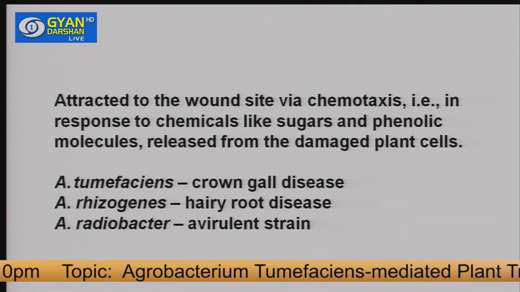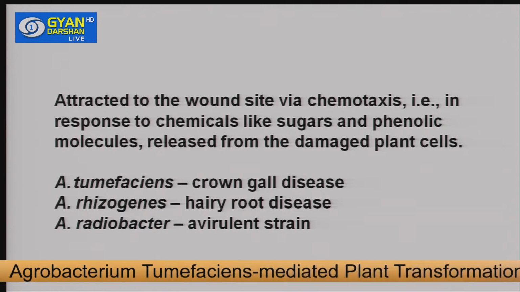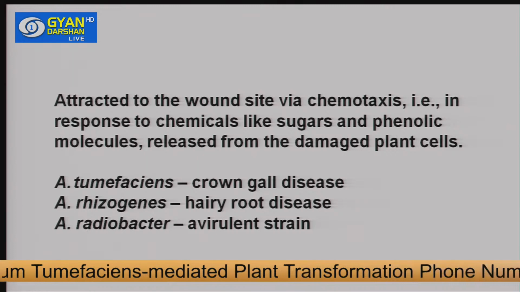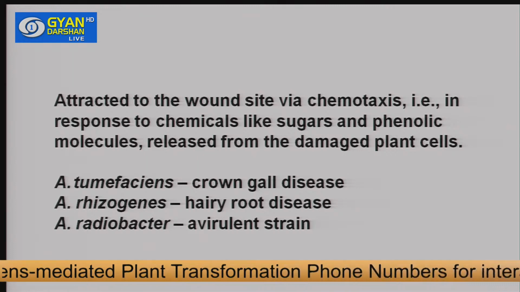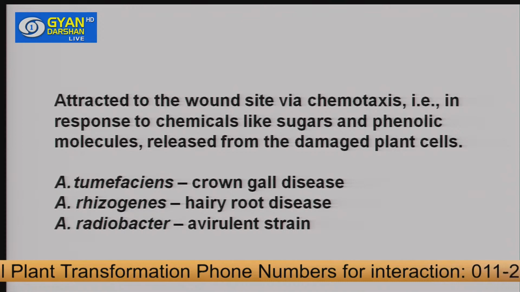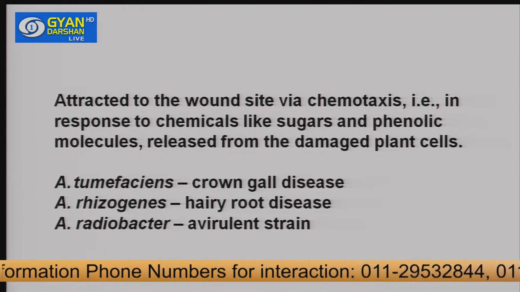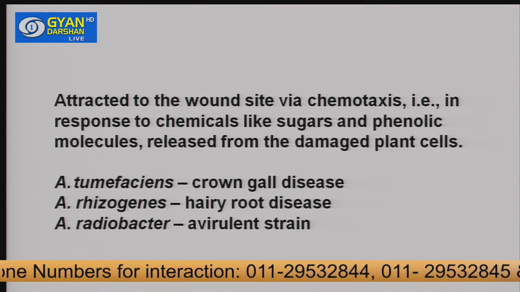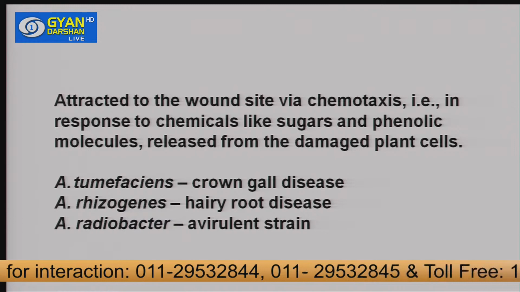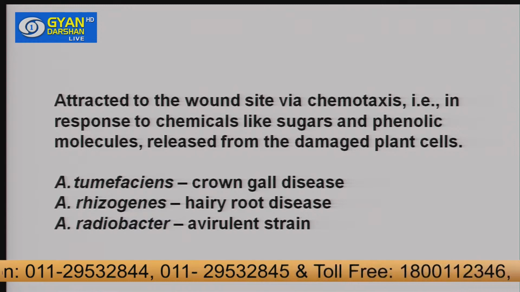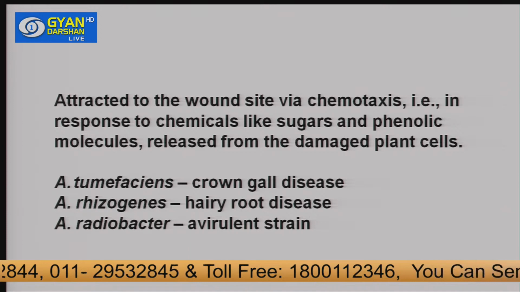These are being released from the damaged plant cells. And in response to those chemicals, Agrobacterium shows chemotactic movement, and it moves from the soil to the damaged site. And thereafter it colonizes at the damaged site.